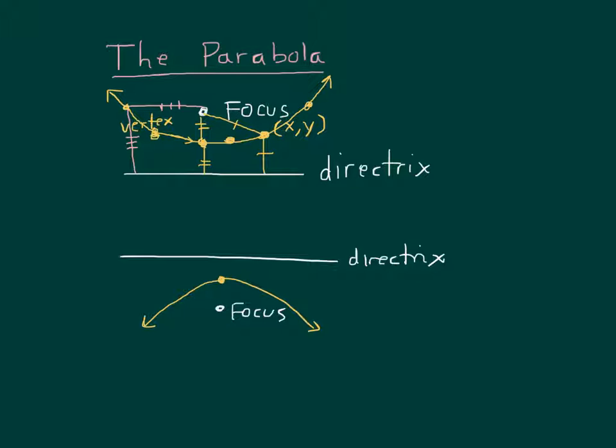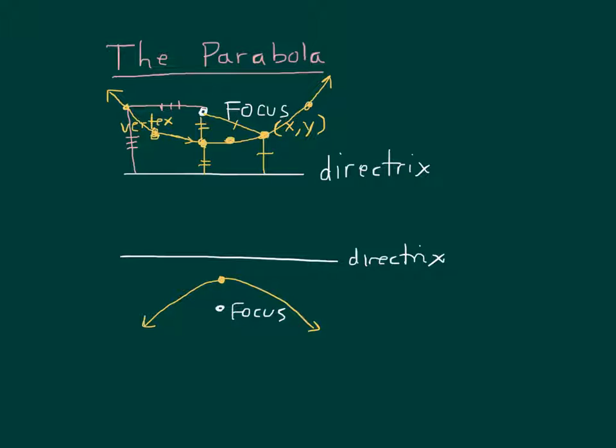In this second example, the directrix is on top, and the parabola opens away from it. It will never cross the directrix.